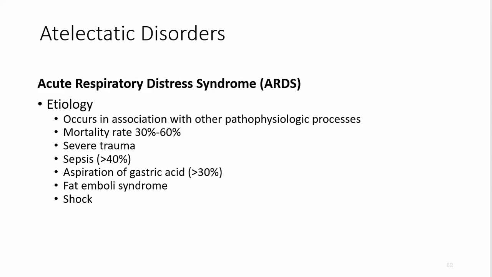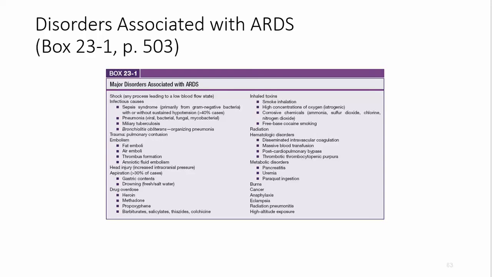Now there's an awful lot of different things that can cause it. So shock is right here. That's any process that leads to a low blood flow state. That could be hemorrhage, could be a lot of things. Infectious: sepsis, pneumonia, tuberculosis, that all makes sense.